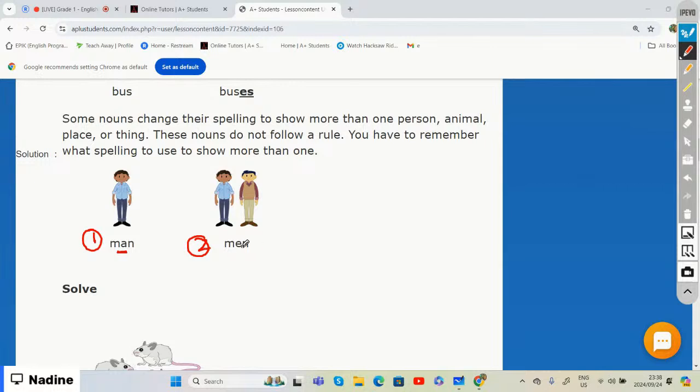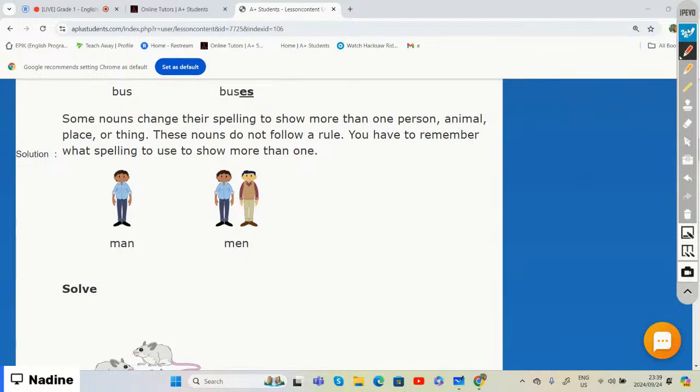Look at the spelling of the word men. So one man, but two men. Right? So that is one example of irregular plural nouns.